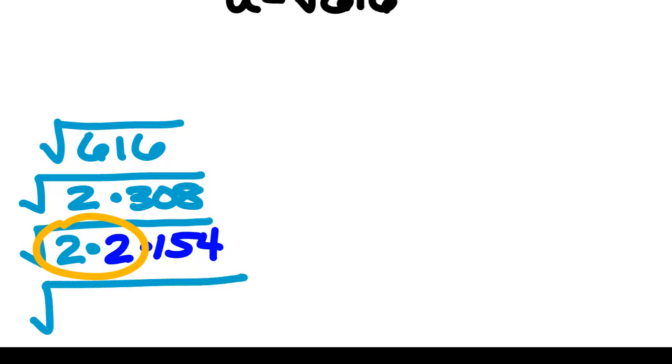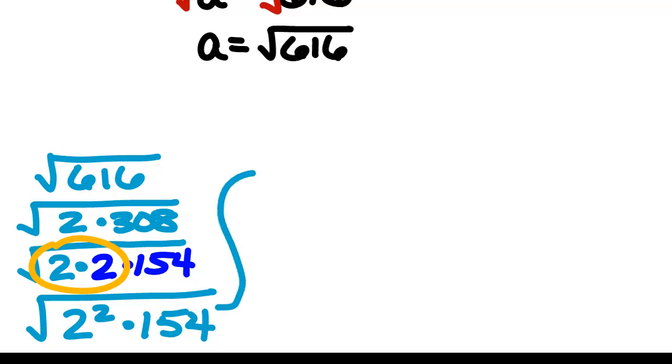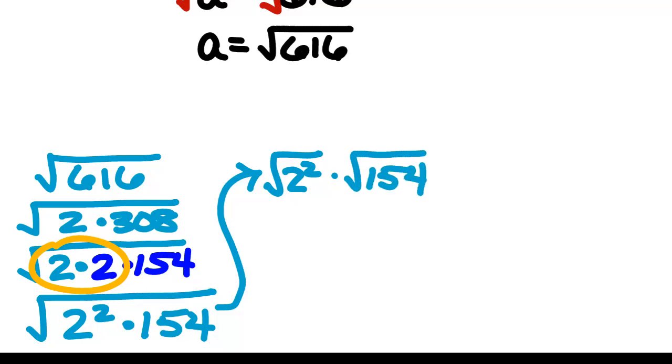So this would be the square root of 2 squared times 154. So the square root of 2 squared times the square root of 154. Squared and square root cancel. 2 times, what can go into 154? 2 times 77.